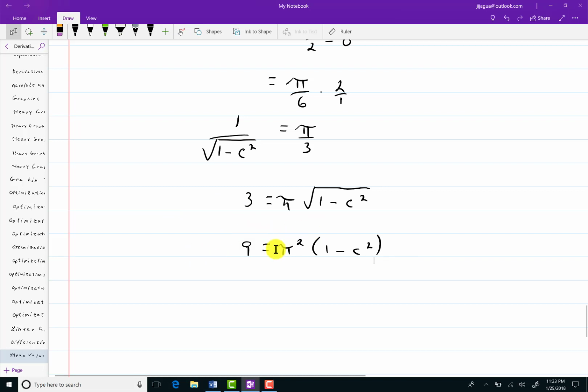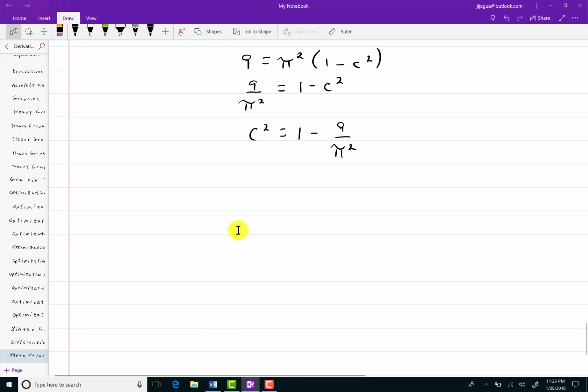I'm going to divide by pi squared, then I'm going to swap places with c squared and 9 over pi squared. And then let me go ahead and take the square root. Don't forget plus or minus the square root of 1 minus 9 over pi squared.